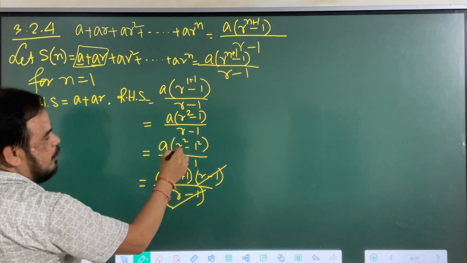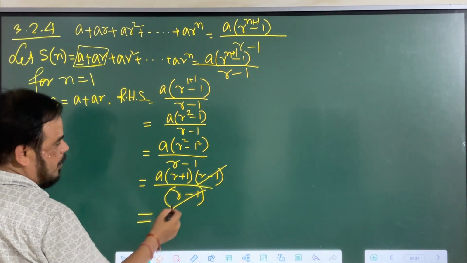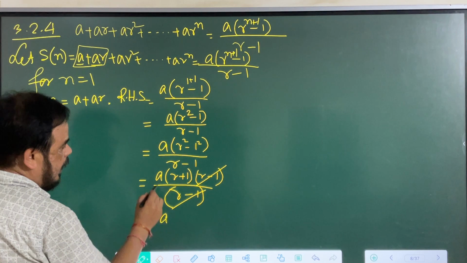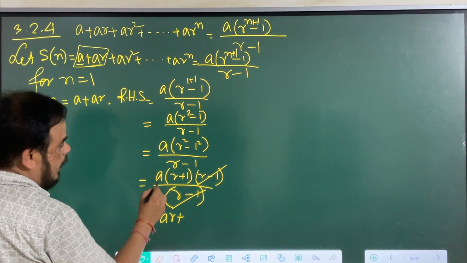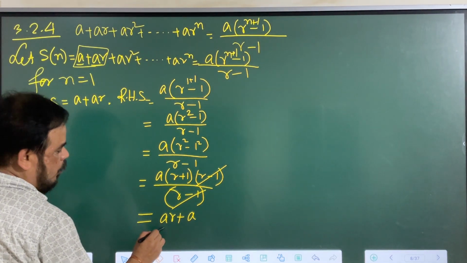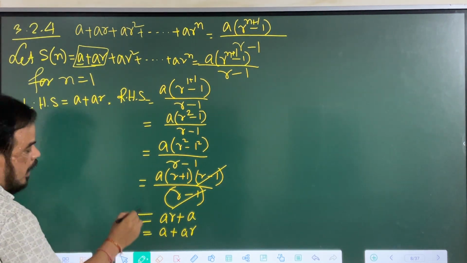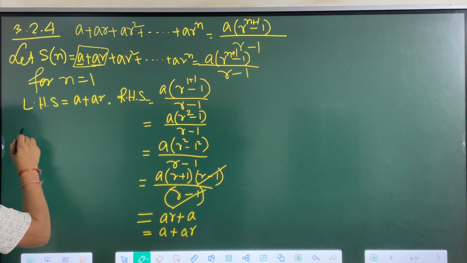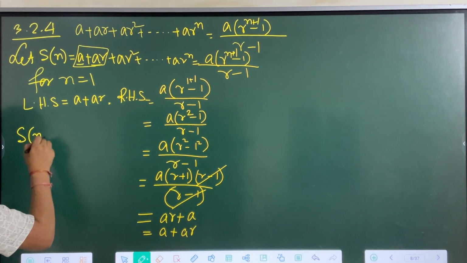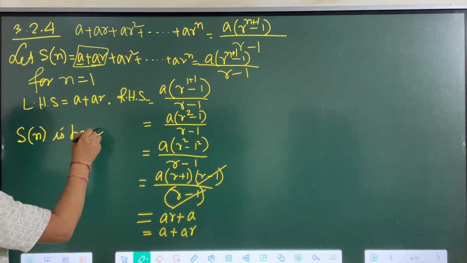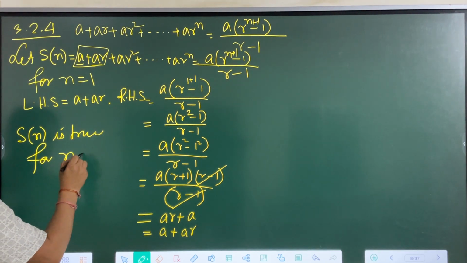R square minus 1 square means a square minus b square formula, a plus b into a minus b. This one cancels. A into R, A into 1, A, or we can write A plus AR. Left hand side A plus AR, right hand side is also A plus AR. So Sn is true for n equals to 1.